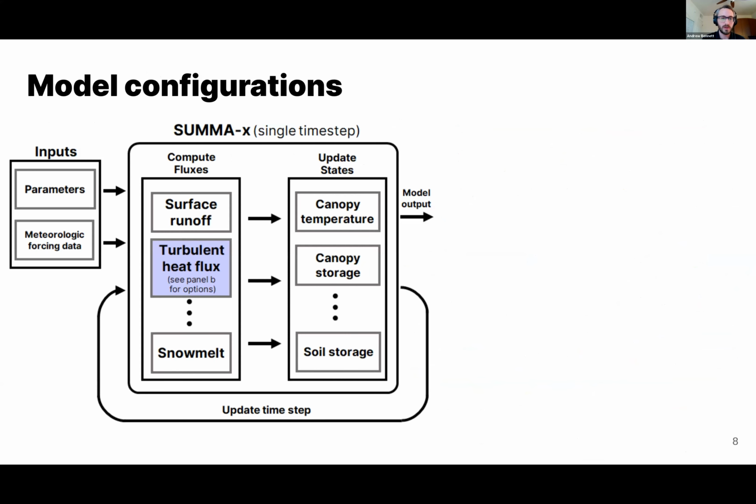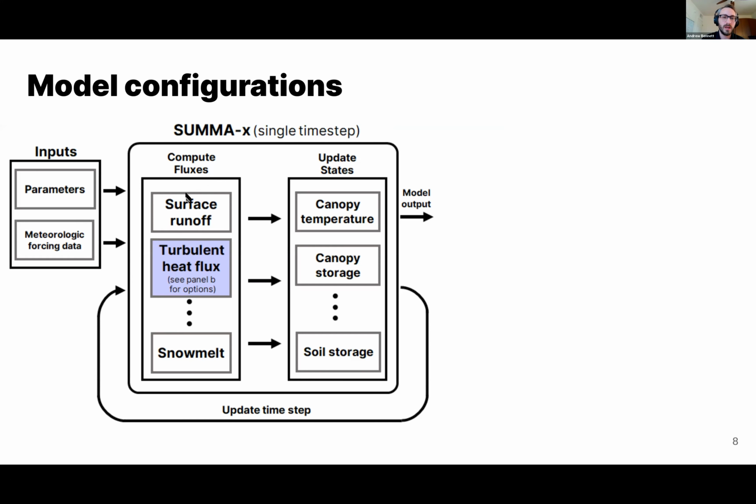We have 3 different model configurations in this study, but they're all based around the SUMMA modeling framework. So this works like any other land surface, hydrologic, or earth system type model, where you have some inputs, which may be parameters, and some forcing data, in our case, meteorology. And then that goes into the model, and you compute some fluxes like runoff or turbulent heat fluxes, as we will do here.